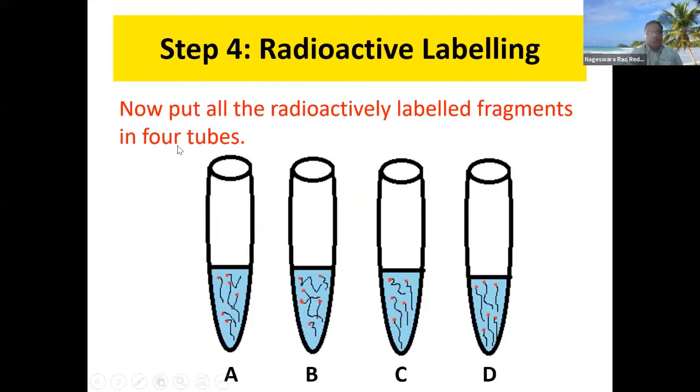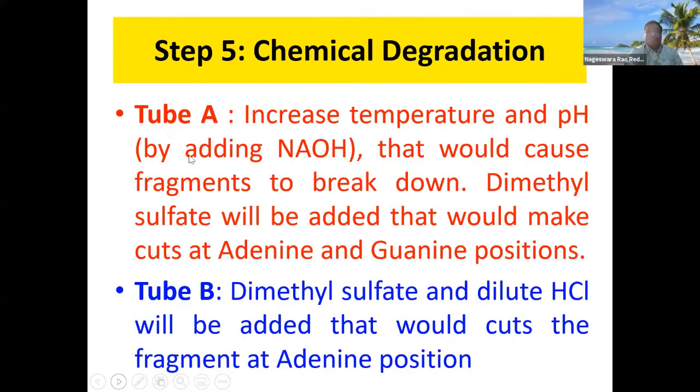So carefully see here, we have tube A, tube B, tube C, and tube D. In tube A, we increase the temperature by adding NaOH, which could cause fragments to break down, as we have already seen.